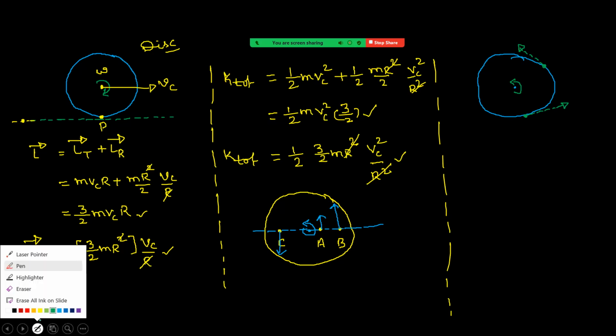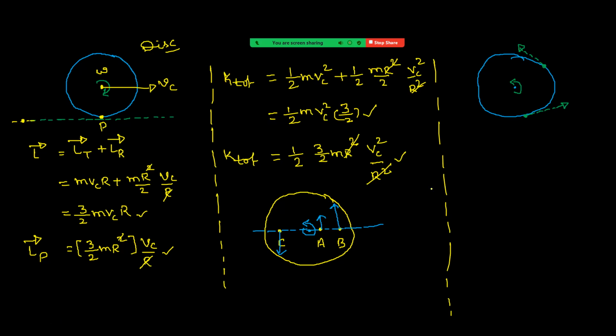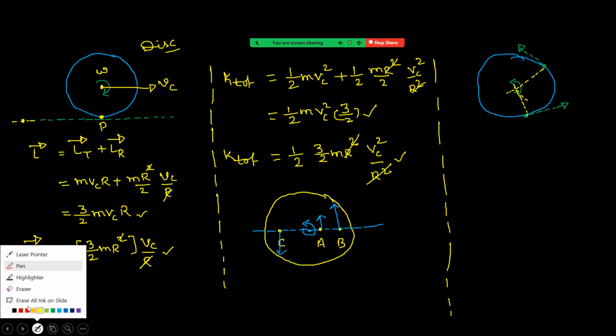Now, if we draw normals for these velocity vectors, then those normals will intersect at the axis of rotation. So those normals are intersecting at the axis of rotation.